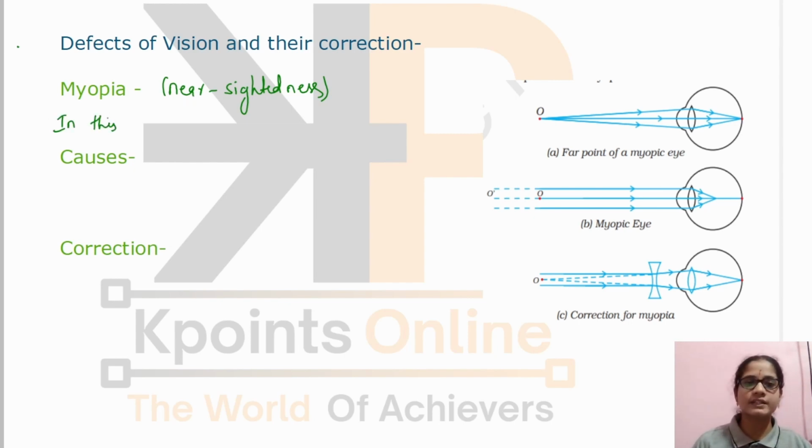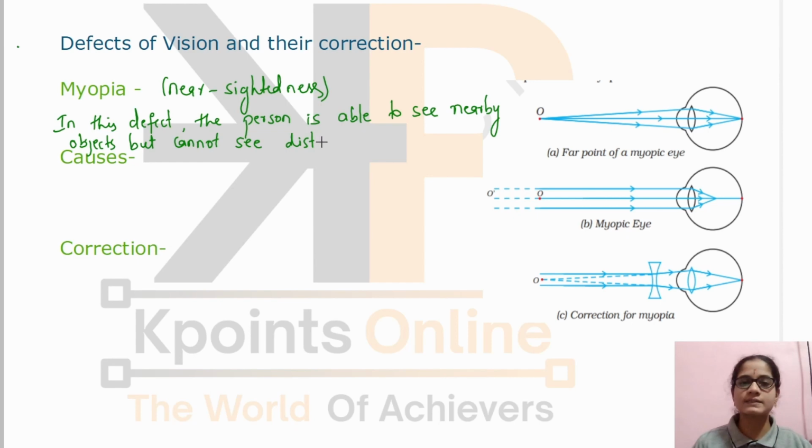In this defect, the person is able to see nearby objects but cannot see distant objects clearly.